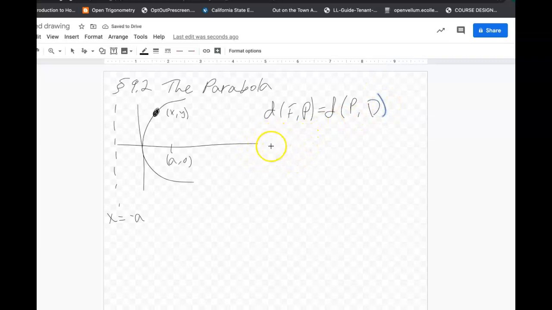When we look at this, we're saying that the distance from the focus to the point and the distance from the point to the directrix, so we'll have the square root of (x - a) squared plus (y - 0) squared. And then this is going to equal the absolute value of x + a.